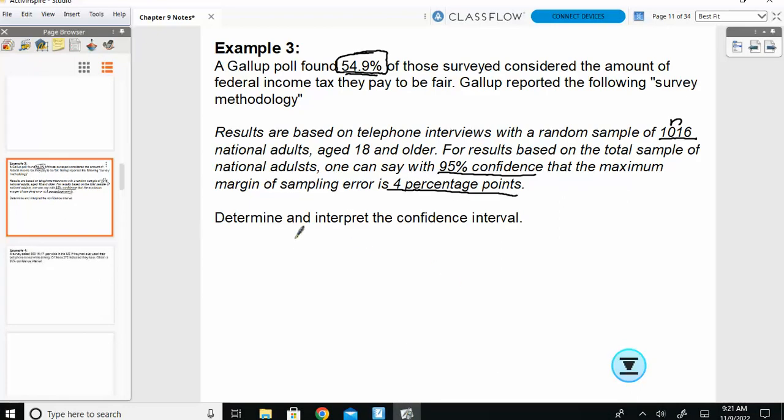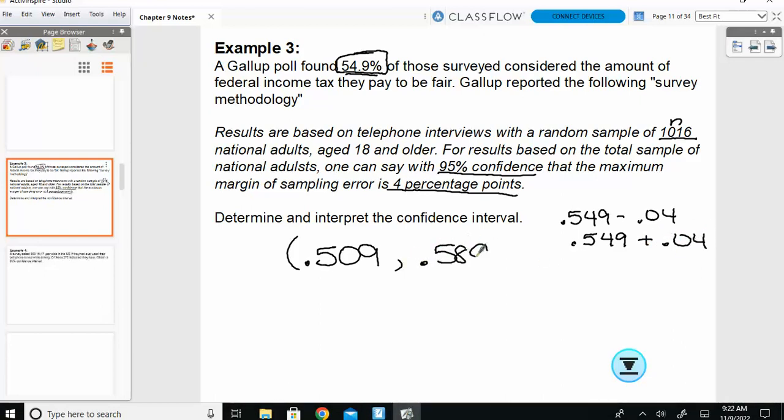So to find the lower number, what would you have to do? Subtract. If we did 0.549 minus 4 percentage points, so minus 0.04, we get 0.509. To get the upper one, you would take their value they reported plus the error, and that's 0.589.